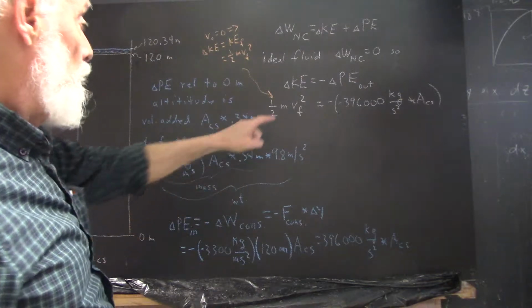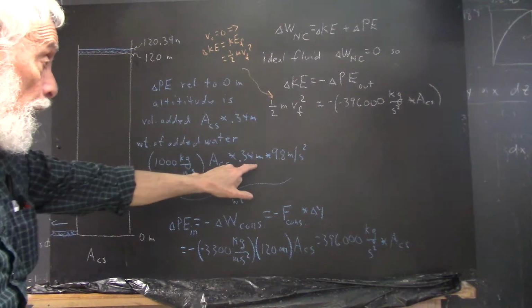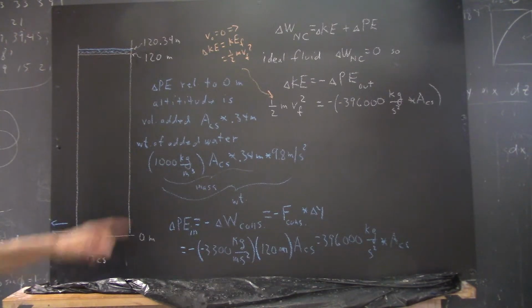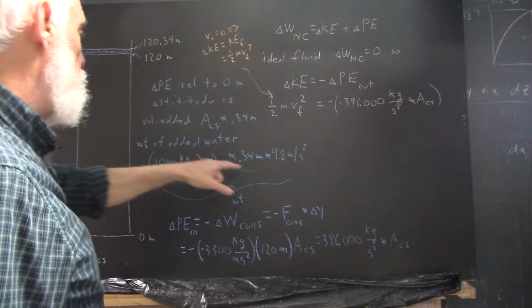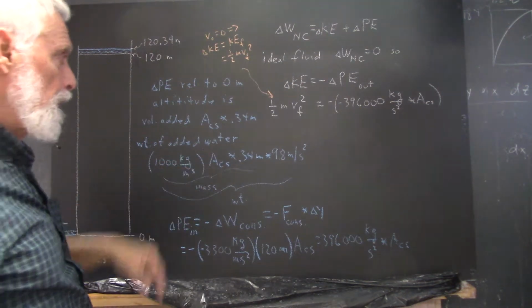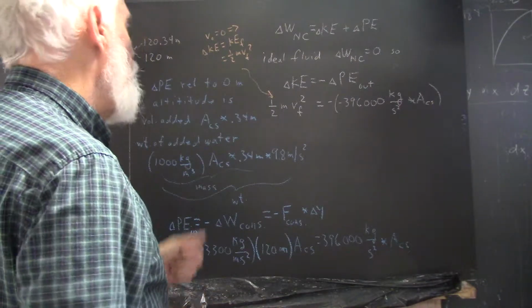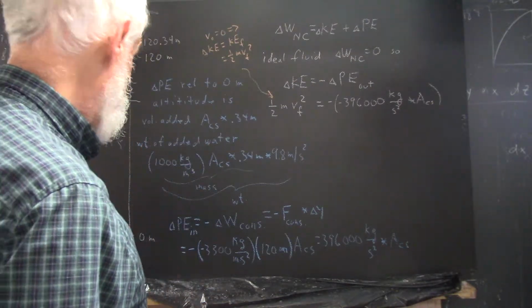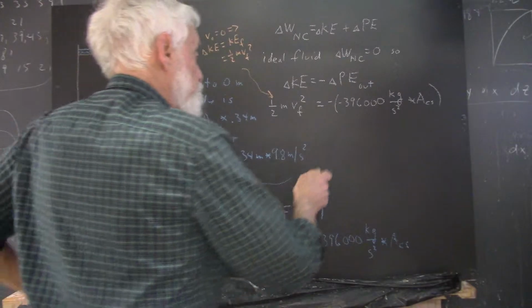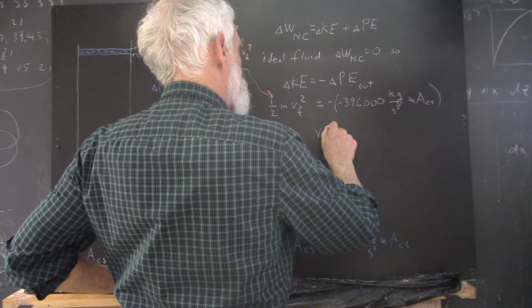Okay, so now what's the mass? Well, we already calculated the mass of this fluid. It's this. Now I can multiply that out. I'm going to get 340 kilograms per cubic meter times ACS. But first, I think I'm going to want to do this.